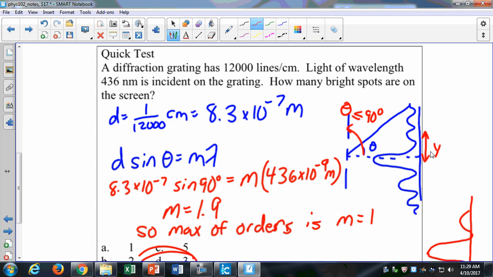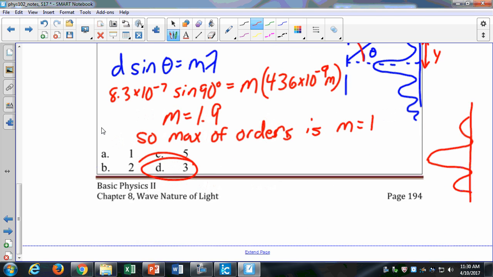So the maximum number of orders in this is 1. But the question is asking not what's the maximum order, but how many fringes there are on the screen. And so here, for example, this also has a maximum order number of 1. I have my central bright spot, and then I have a bright spot on either side. Okay? Is that clear? A little more clear? Y'all okay with this? Yes? No? How y'all feeling? Okay. Practice it. We can return to it, but you'll practice it on your own and try it out.